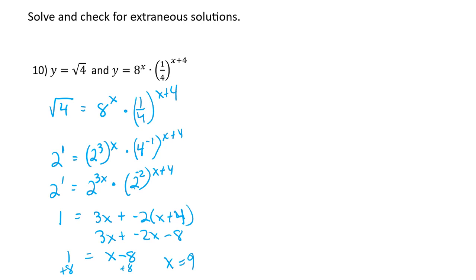Now that I know x is 9, I can go ahead and plug in to find the y. So y equals 8 to the 9th times 1/4, 9 plus 4. So we have what, 1/4 to the 13, 8 to the 9.